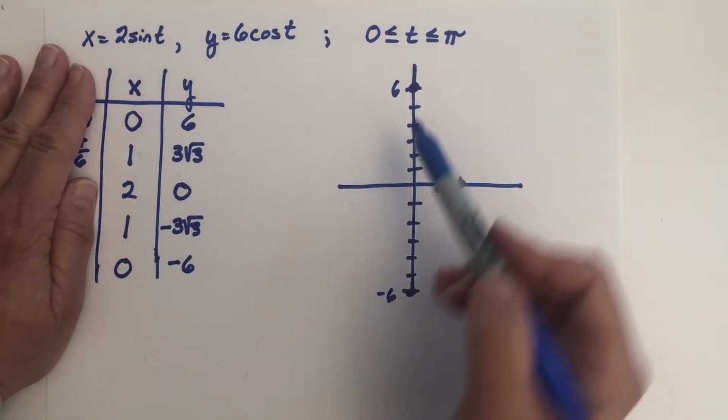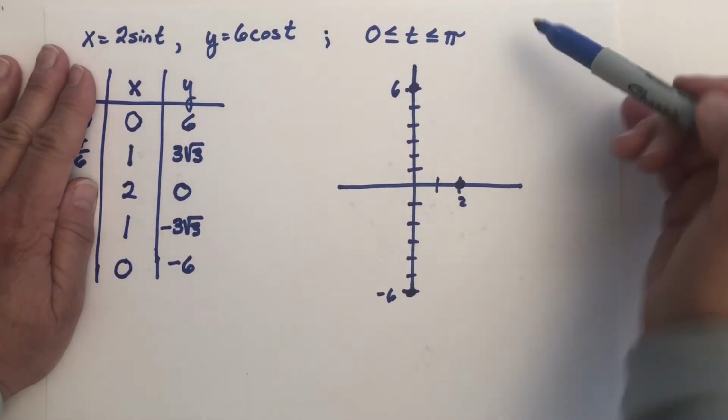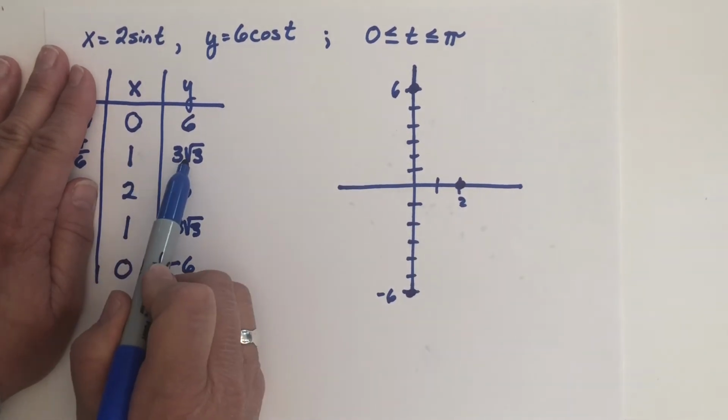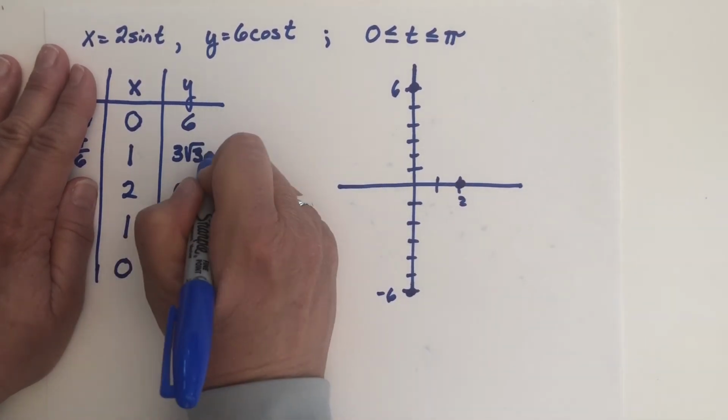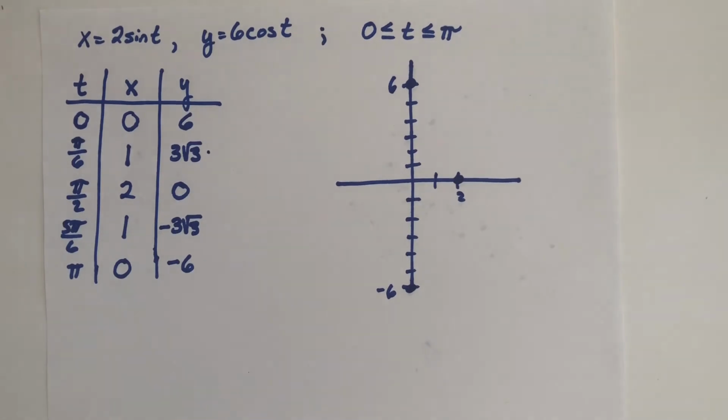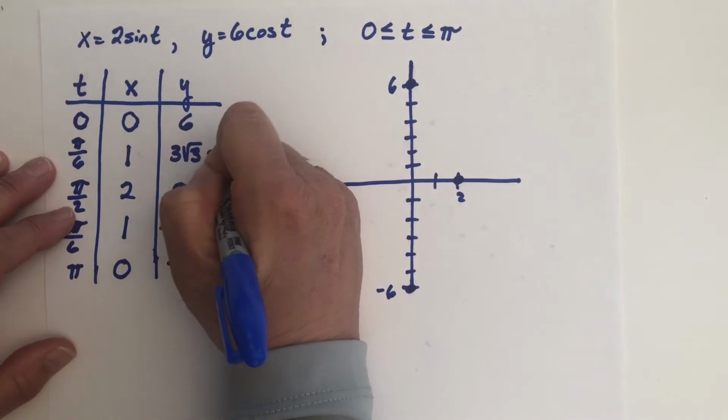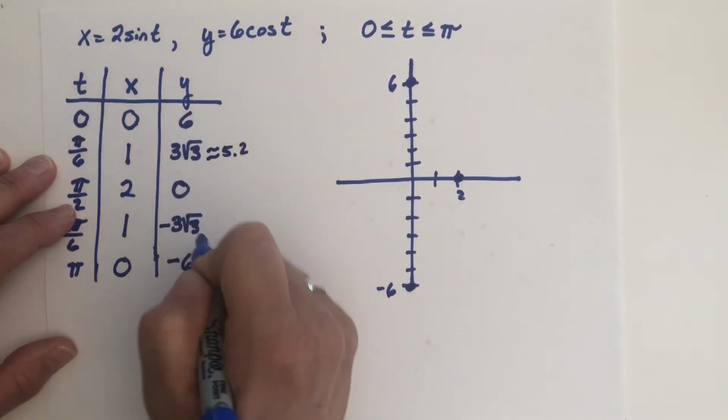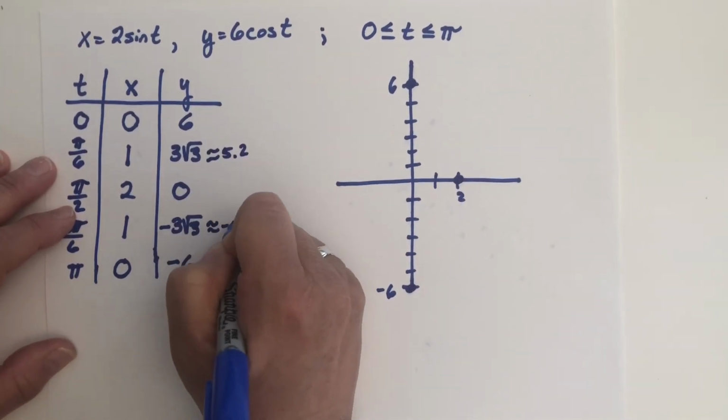What happens in between here? Does it come way out here? What does it do? Let's see. If you calculate 3 times the square root of 3, let's punch that in. 3 times the square root of 3 is about 5.2. So this would be about negative 5.2.